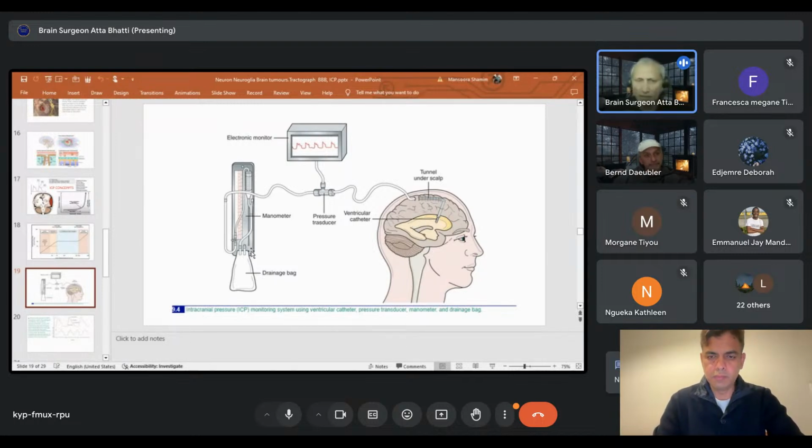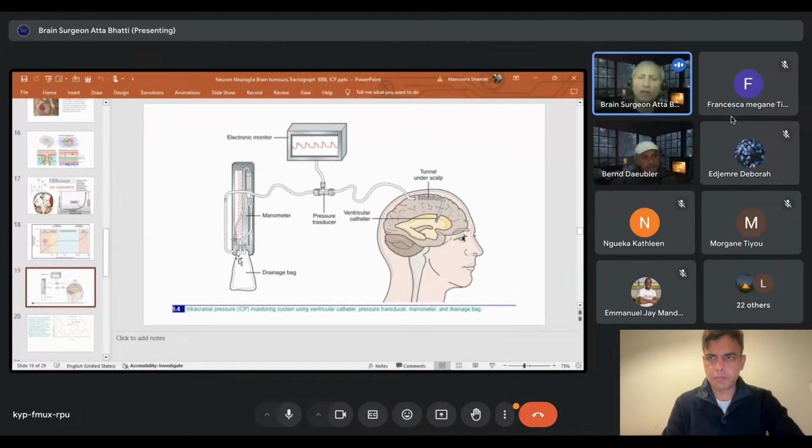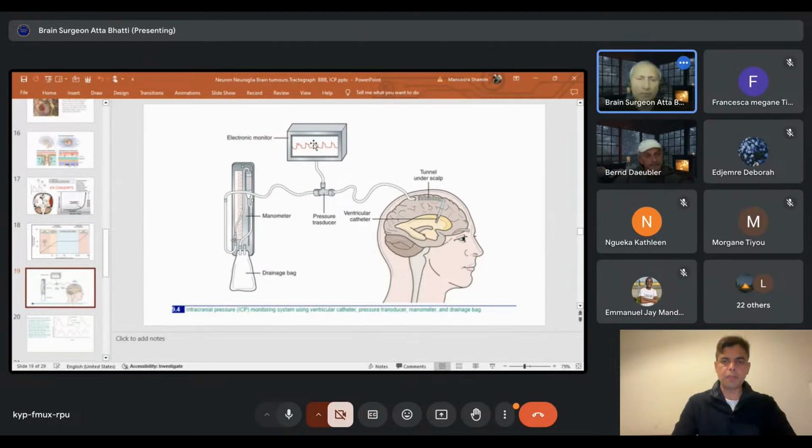If we want to encourage CSF drainage, we keep it a little lower down, or if we don't want CSF to be drained out, we keep it at a higher level. But we keep monitoring this. Suppose in traumatic brain injury, in brain edema, if we are seeing a comatose patient, we cannot assess based on the Glasgow Coma Scale, which is already low.